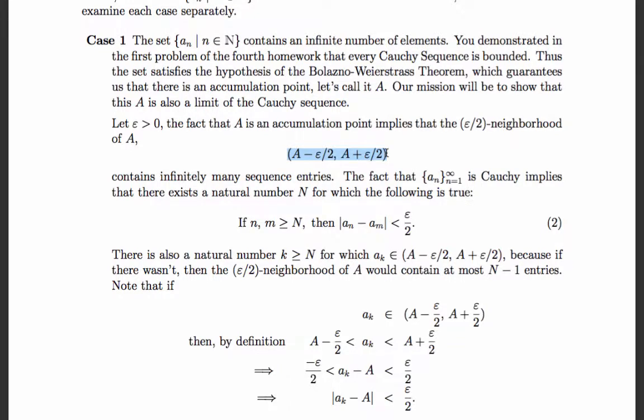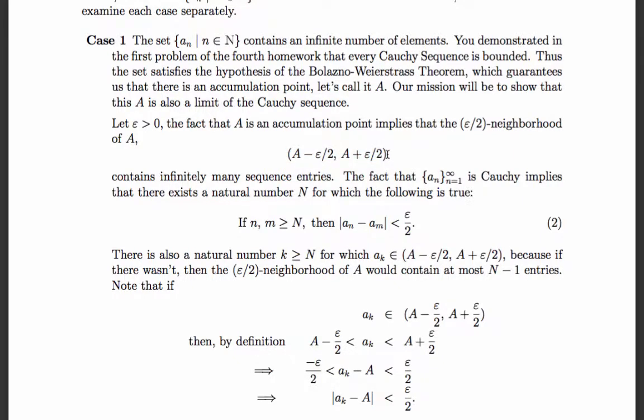One of those points has to have an index greater than N. Because if that weren't the case, then that neighborhood would only contain at most N minus 1 entries, if there is no index greater than N contained in this epsilon over 2 neighborhood of A.